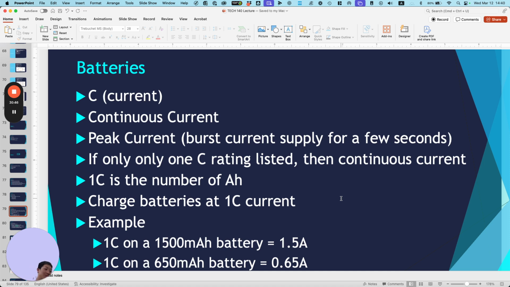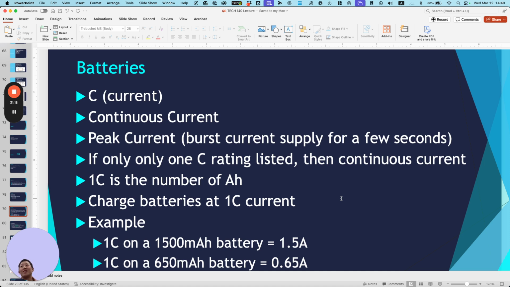You still have the same water pressure, but just more water, or in our case, electrons, can flow through. So in general, the more powerful your device, the more current it needs. Like a cell phone charger is very low current compared to an air fryer or a microwave. Those use a lot more current. Depending on your drone, the bigger the drone, the more current it uses, and also the flight style.